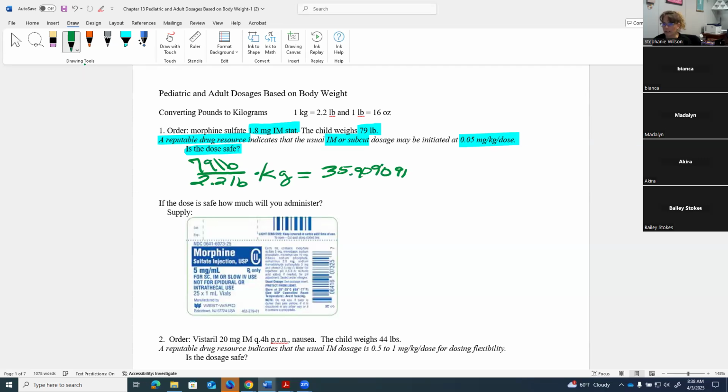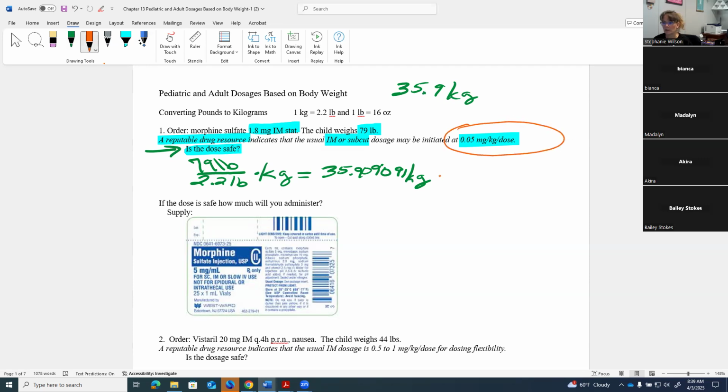I'm going to round right here. If you were asked what this patient weighs in kilograms, we would say 35.9 kilograms. But there was no question about that. It just wants to know if the order is safe.